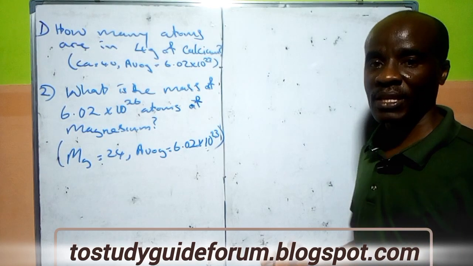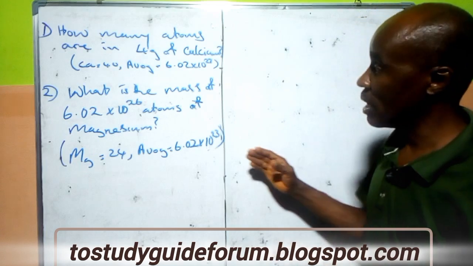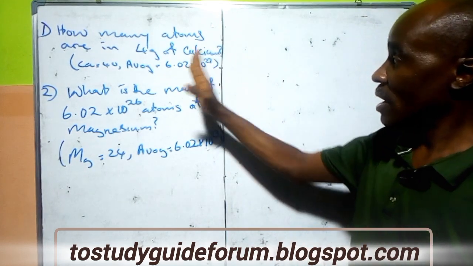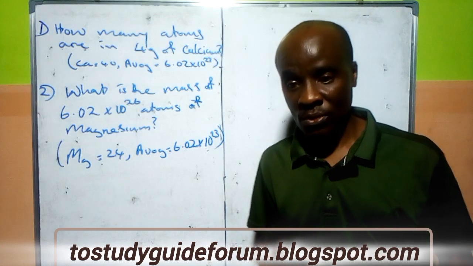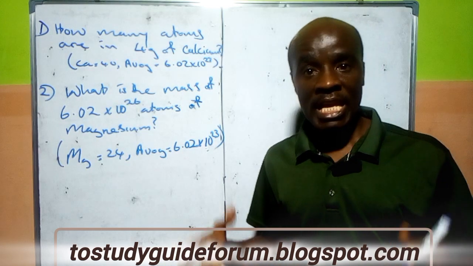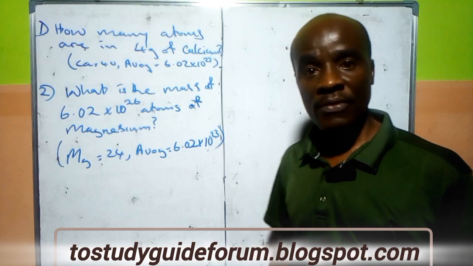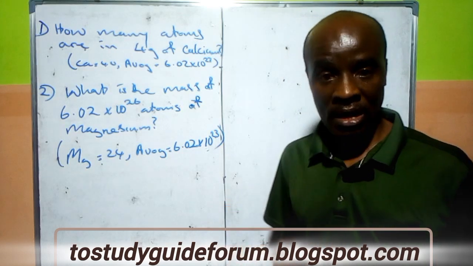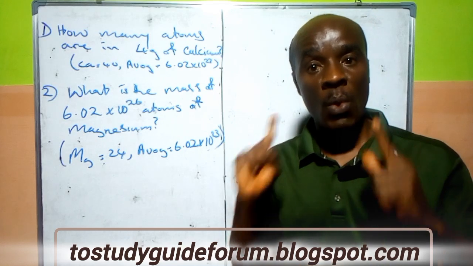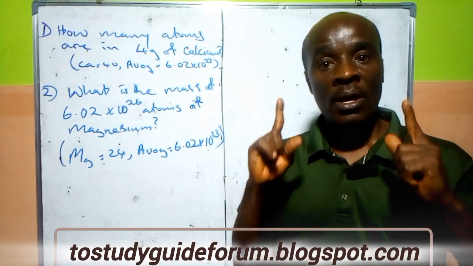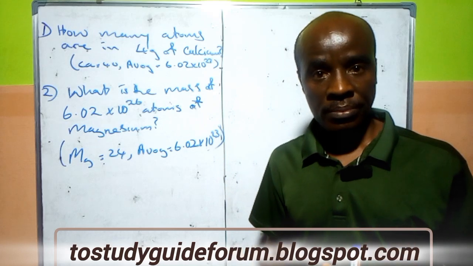Remember, like we stated earlier when we started this video, we were able to understand that Avogadro's number gives us the number of particles in every chemical substance. In every chemical substance, the number of Avogadro's is equal to the number of particles that we have in 1 mole, and also in each molar mass of it.